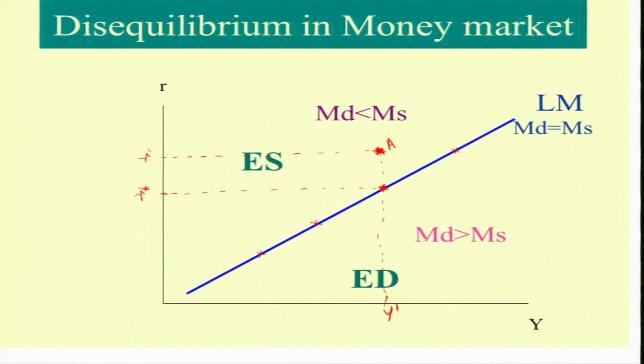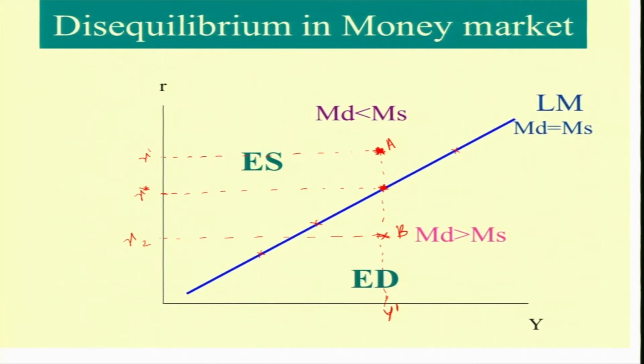Look at any point below this LM curve, for example this point B. This is also not going to be the equilibrium point. Look at the corresponding rate of interest. That means the rate of interest is relatively low, so the opportunity cost of holding money is low.